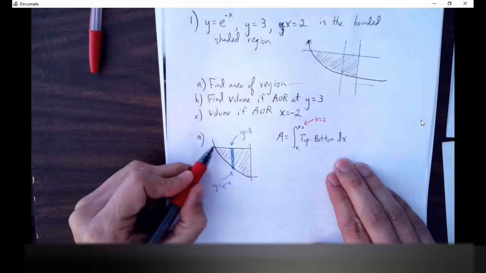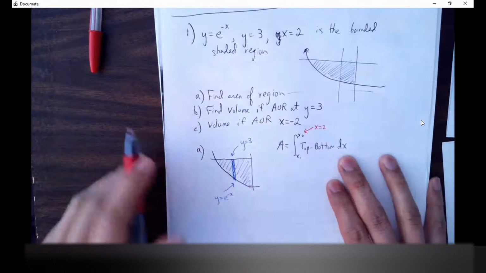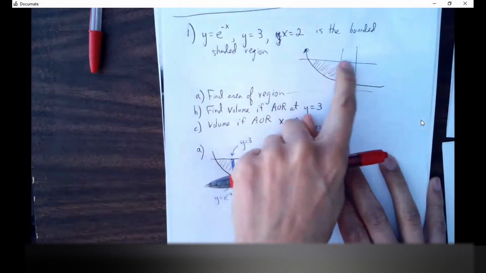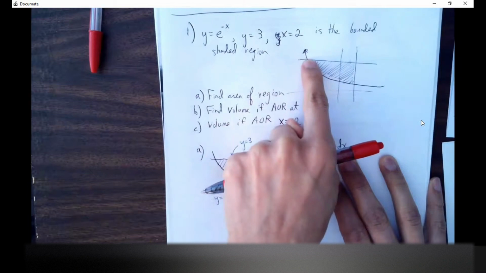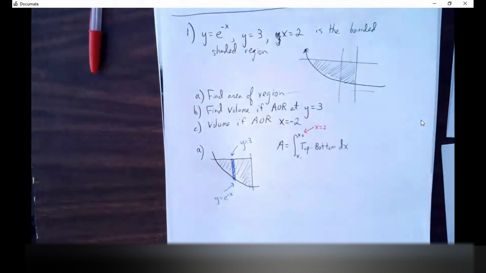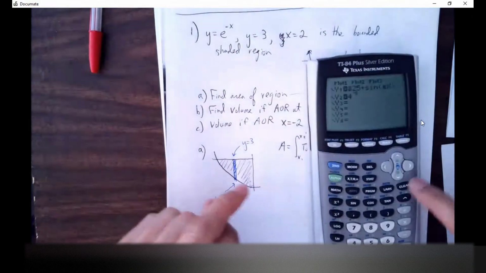But this one, we got to at least set equations equal, right? So we want to find that intersection between y equals 3 and y equals e to the negative x. All right, so we'll set them equal to each other, either graphing or through 36 Pro, NumSolve, either way.